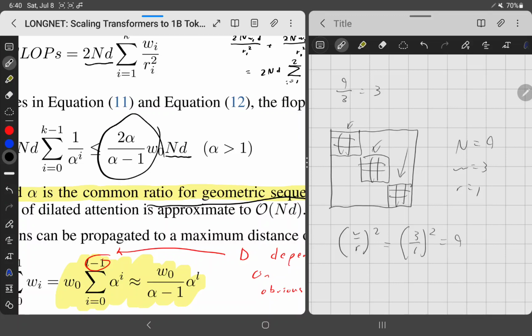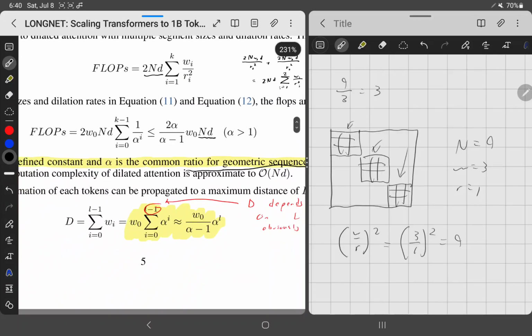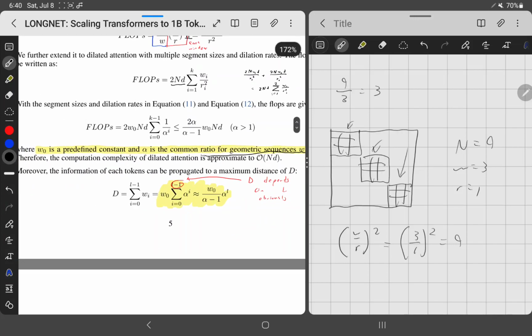It's linear with some terms out in front, but it is linear in terms of the sequence length, which is very nice. That's what we were looking for. And if the results are good, then this may be a really good approach to linear attention, which we all really want. That's kind of the proof that they show to show that this is linear.